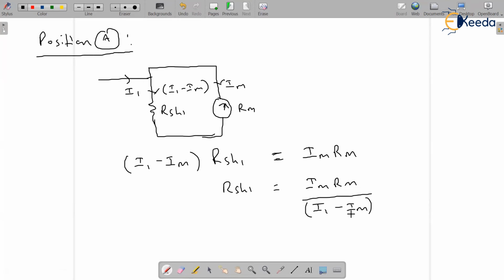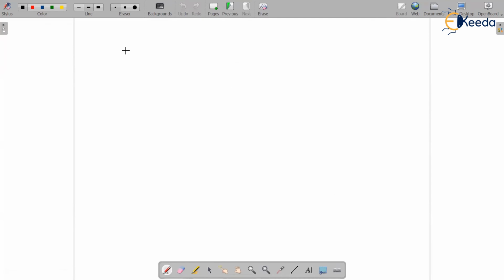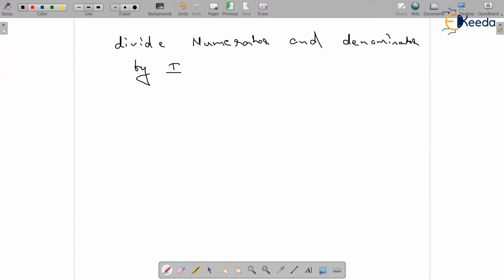So divide numerator and denominator by Im.